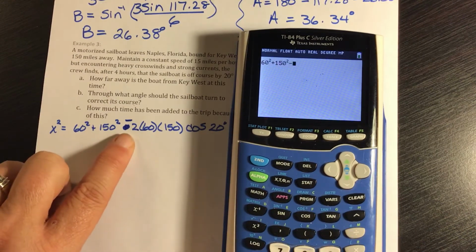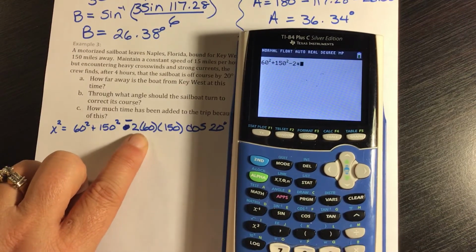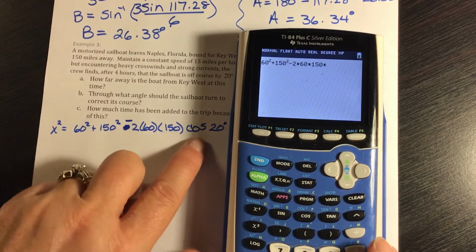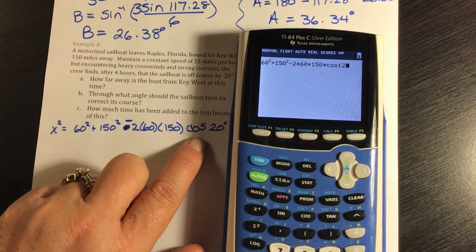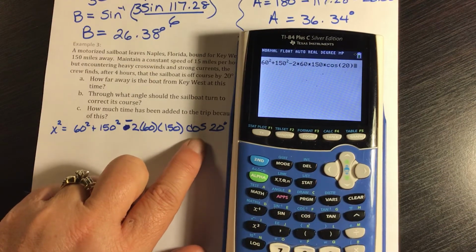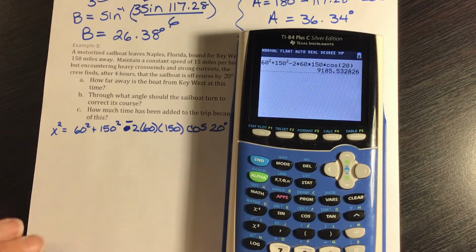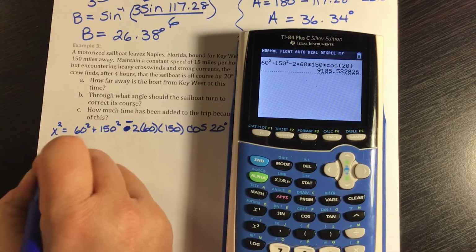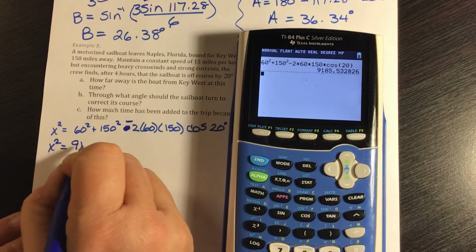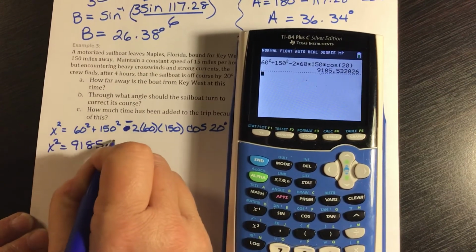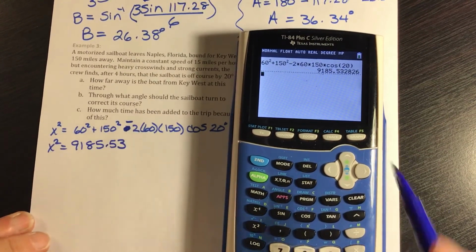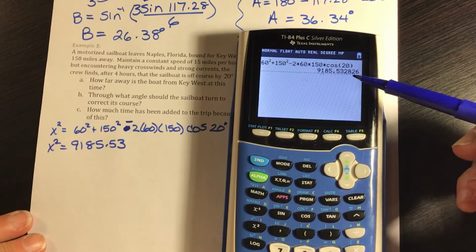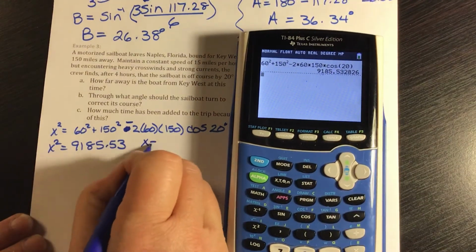And then minus 2 times 60 times 150 times cosine 20. Okay, all of that on the calculator, and I get 9185. So x squared is 9185.53, and then I need to do the square root of that to find out the length of side x.